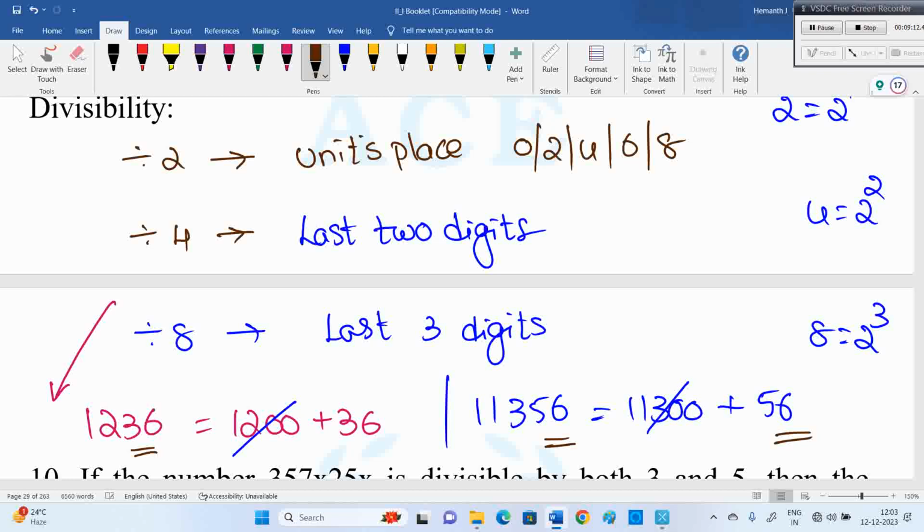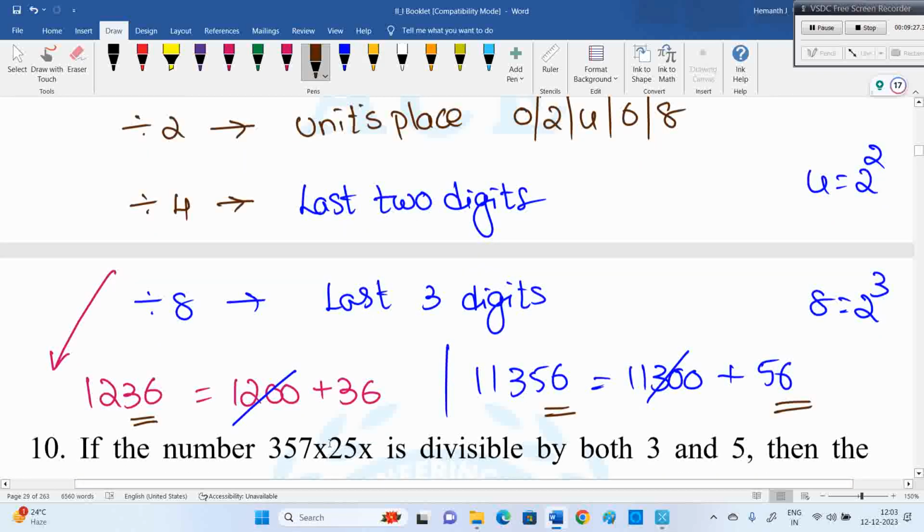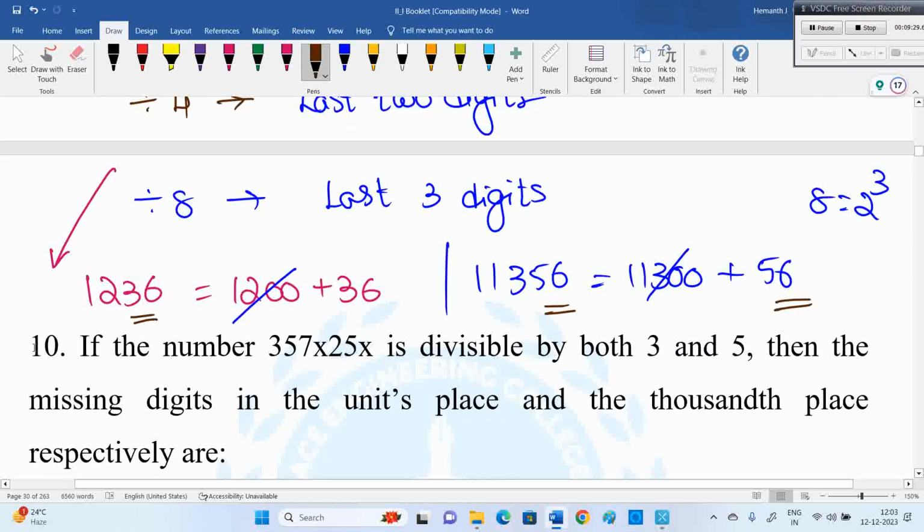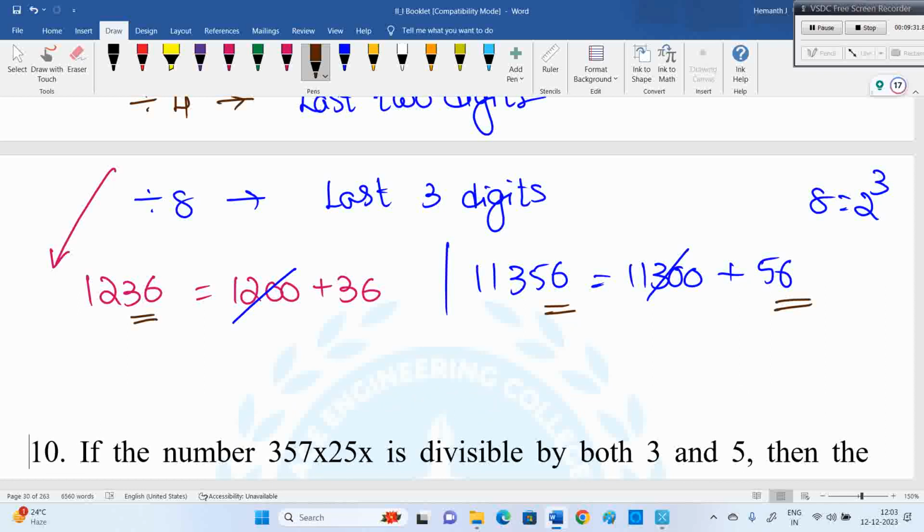This is how that rule is developed. One dummy way of remembering is 4 equals 2 square, last 2 digits. What about 8? We'll address that. I hope you understand the 4. If you got the idea, well and good, or else at least keep in mind: divisible by 4 means last 2 digits.